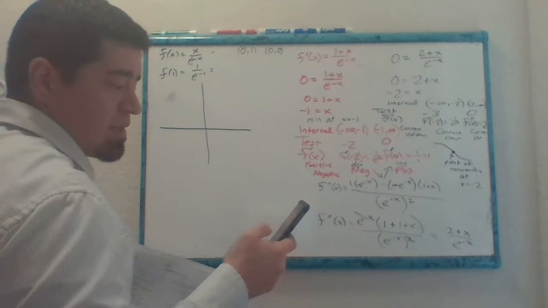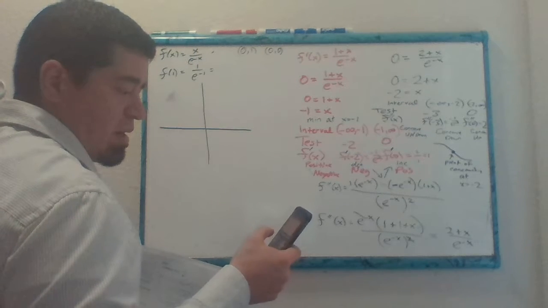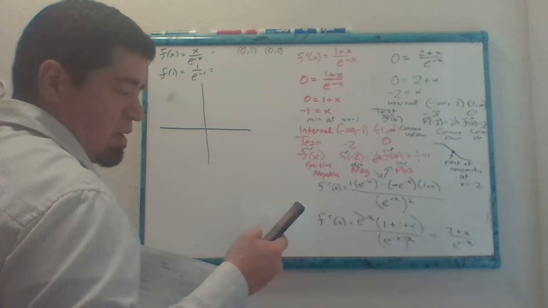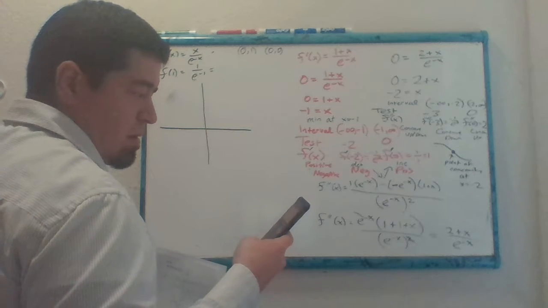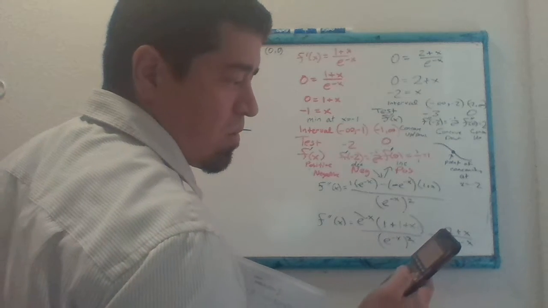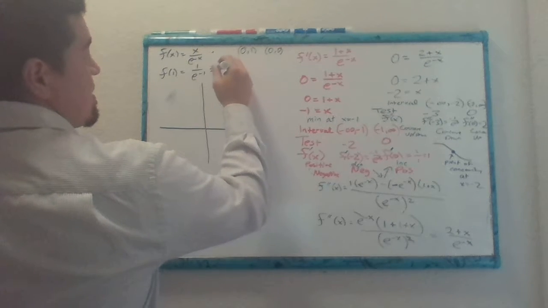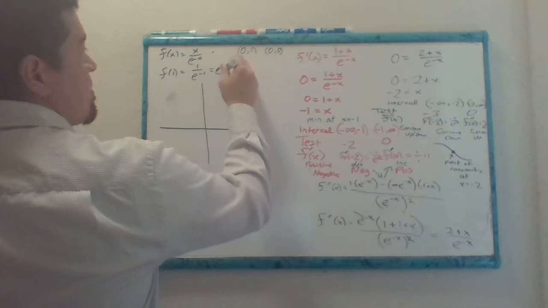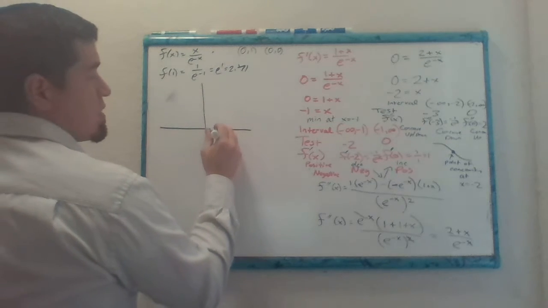Remember the e button is on second division, okay, so 1 divided by e to the -1 power. I get 2.718, which makes sense actually, because it'd just be e to the first, which is 2.71. Okay, so f of 1 is 2.71.